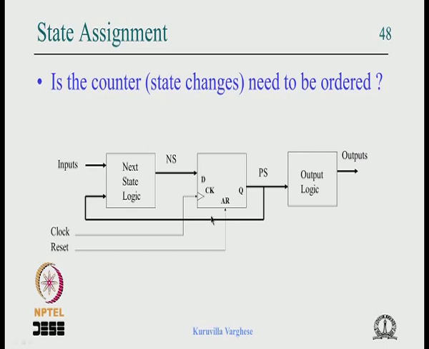That should be understood. And another question is whether this machine needs to count 0, 1, 2. We don't care, it can count 2, 1, 0, only that the logic is changed. So normally when we design a state machine, we are worried about the inputs, the transitions and the output, and we are not very much worried about how this counter counts.